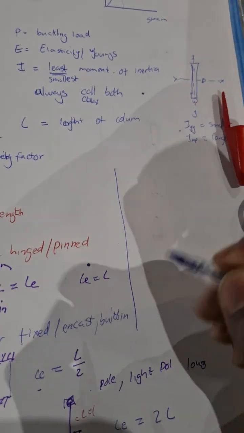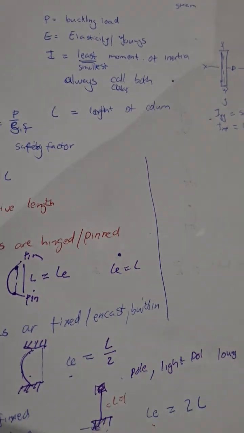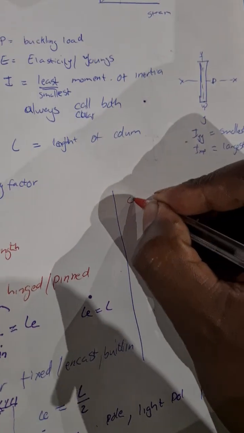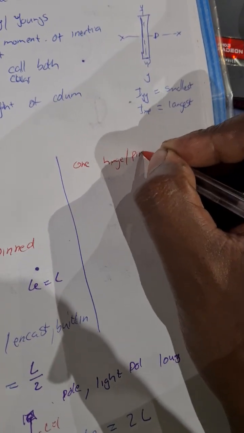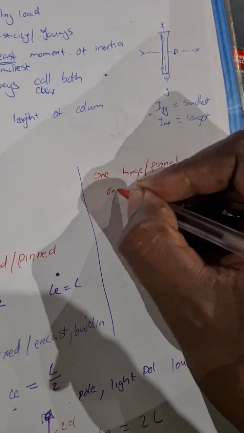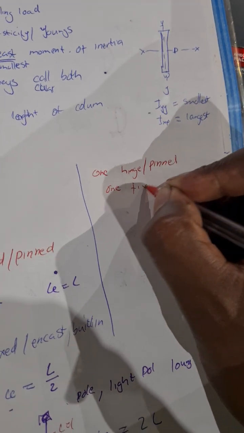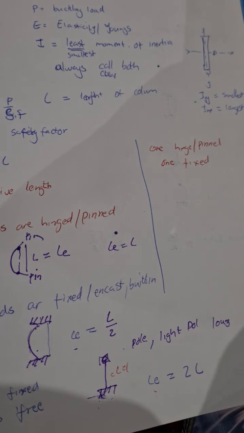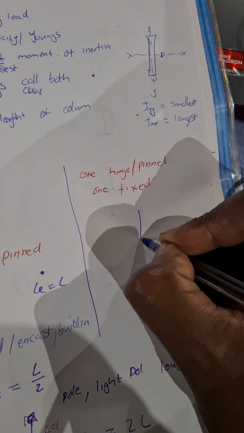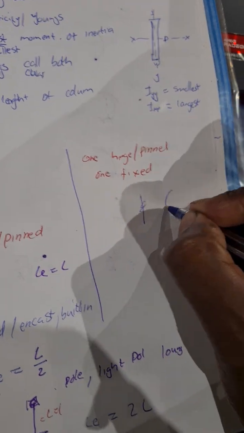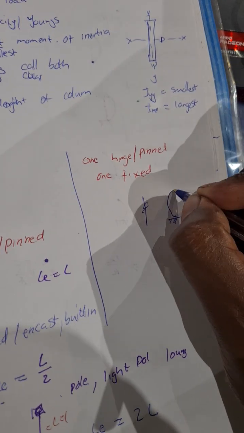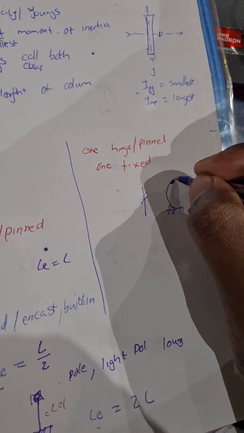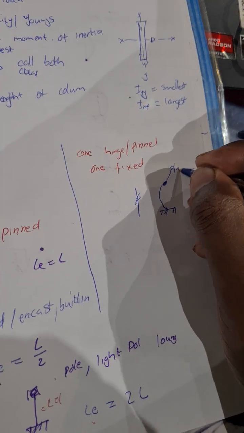Then the last condition, let me just write it here in this free space. Last condition, one end hinged or pinned, and one fixed. So we have something like this. Let's draw it. It's already failed, remember? You fix the bottom, you pin the top, right?